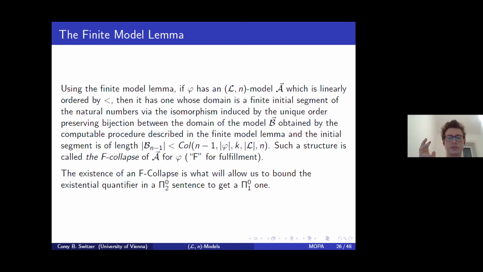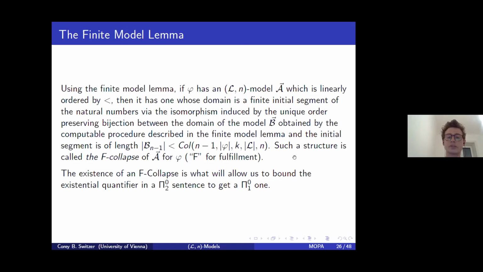I don't know why this extra n is here. And so what I can do is I can isomorphically send that structure, that sequence of structures, onto just the first col(n-1, phi, k, L) elements. All right, so I can just assume that the universe of the whole sequence lives on just some initial segment of natural numbers that I computed primitive recursively from the parameters I was interested in.